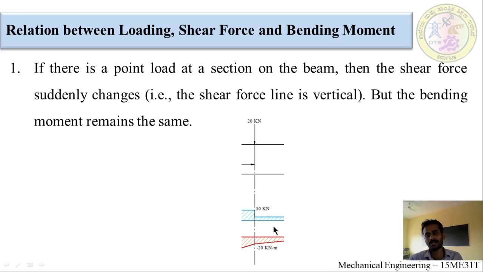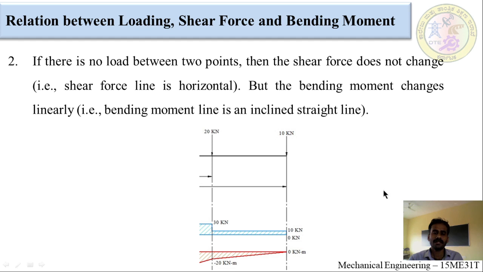The shear force diagram is shown in blue color. Here you can see a sudden rise or vertical line. The shear force line is a vertical line, but the bending moment remains the same. There is no sudden change in the bending moment at the given point. So if there is a point load, then we can see a vertical line or sudden change in the shear force.